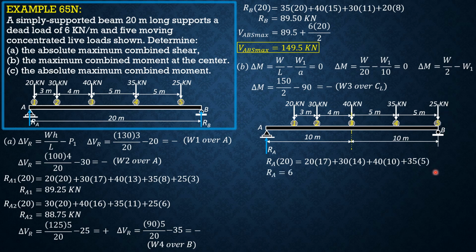Then 25 times 0 is not included. So RA is 66.75. Then the maximum moment at center line possible is RA times 10 minus 30 times 4 minus 20 times 7, so it is equal to 407.5 kilonewton meter.